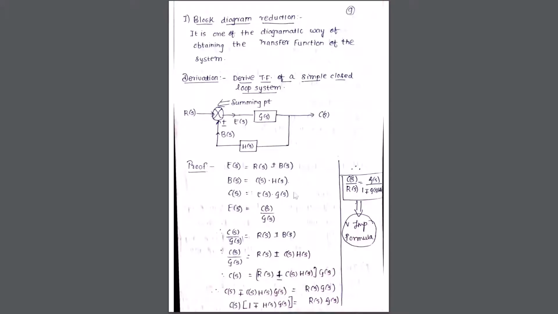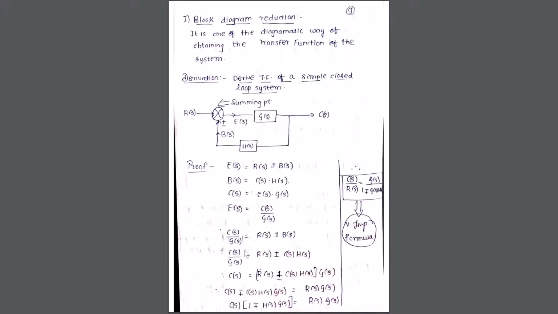I hope it is getting clear to you. The C(s) upon G(s) was equal to E(s). The E(s) was equal to R(s) plus B(s). And the B(s) can be further broken down as C(s) into H(s).